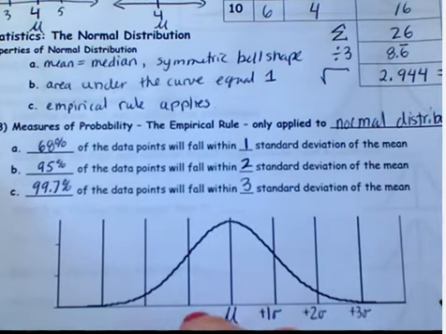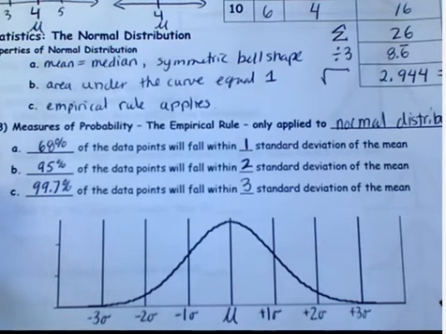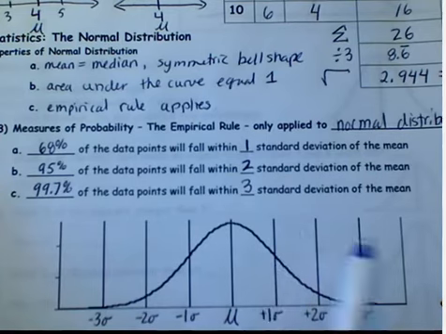And I'm going to label the left. 1 standard deviation below, 2 standard deviations below, and 3 standard deviations below. So we're going to see if we can label each of these 8 vertical sections with the appropriate percent.